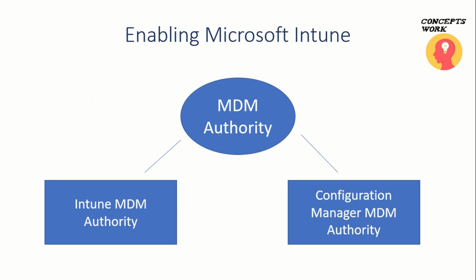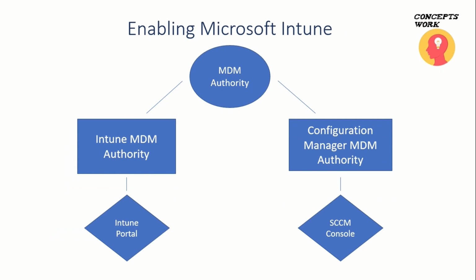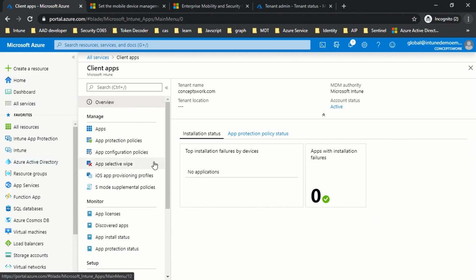So initially, this option was actually customizable. That means you can choose whether you want Intune as MDM authority or you want Configuration Manager as MDM authority. In a nutshell, it actually means which console you want to use to manage devices. If you select the Intune MDM authority, then you have to use the Intune portal, that means this portal, to create policies when it comes to enrollment, compliance, or configuration, or even app protection policies.